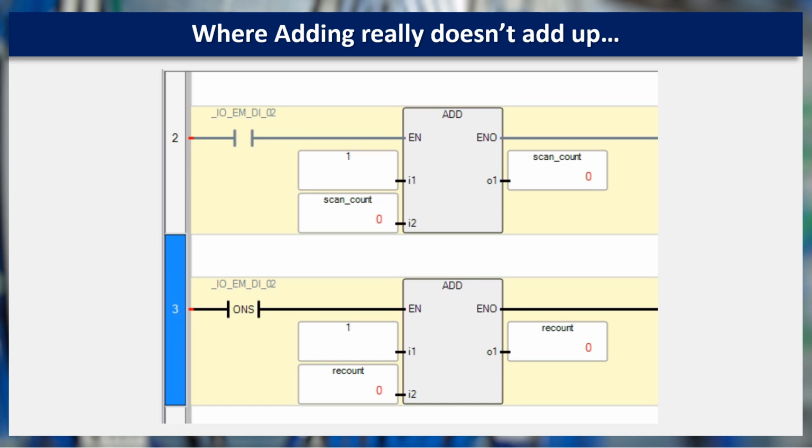So let's watch these two add instructions. We'll focus on the top one in rung number 2. I'm going to flag the input, digital input 2, and I'm just going to toggle it on and off as fast as I can.